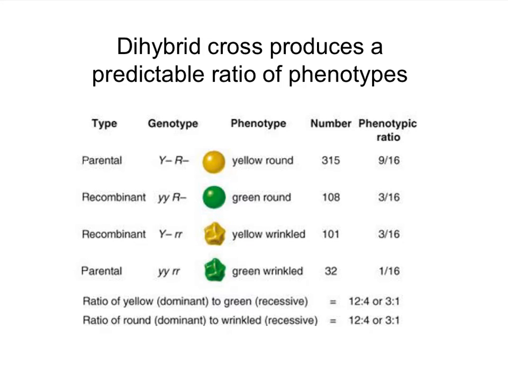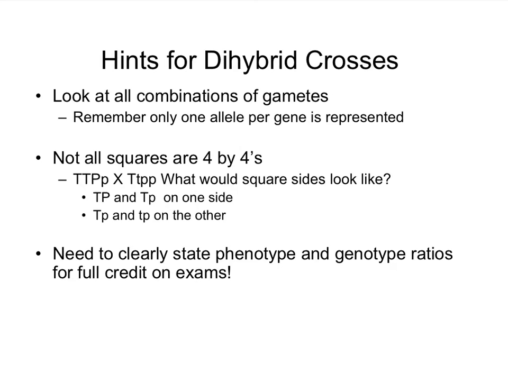So if you're looking at how many are dominant to green, you'd have to look at a 3 to 1 ratio, and that's the others 3 to 1 as well. So the two heterozygotes are 3 to 1, right? The homozygotes are 9 for dominant, whatever you get. Anytime you have a dominant in either one of the genes, you have about 9 of them, whereas if you have a homozygote recessive, you only have 1 of them.